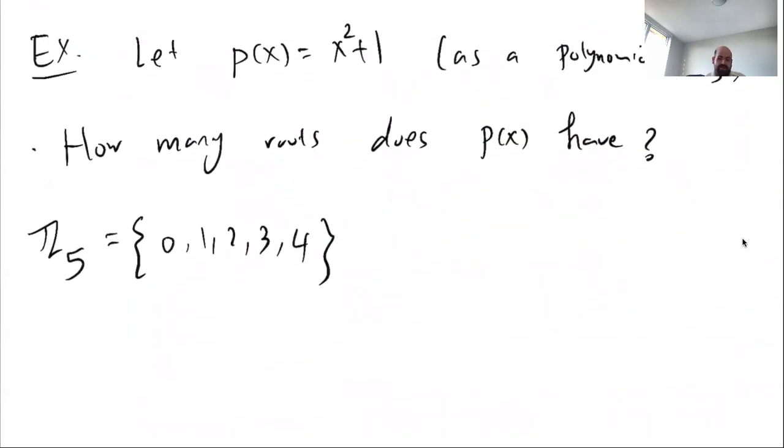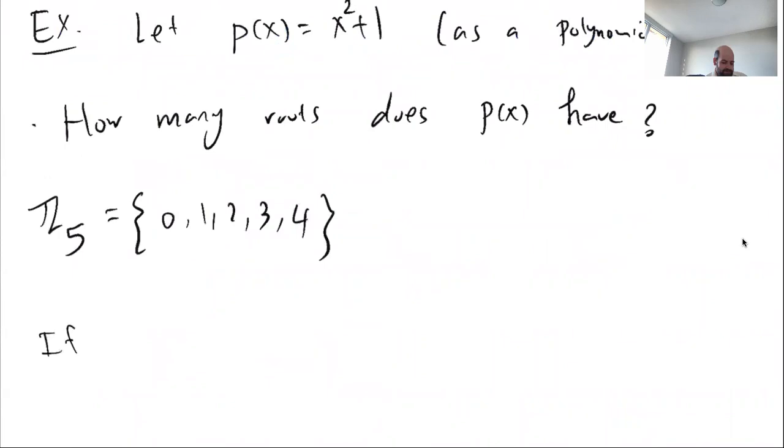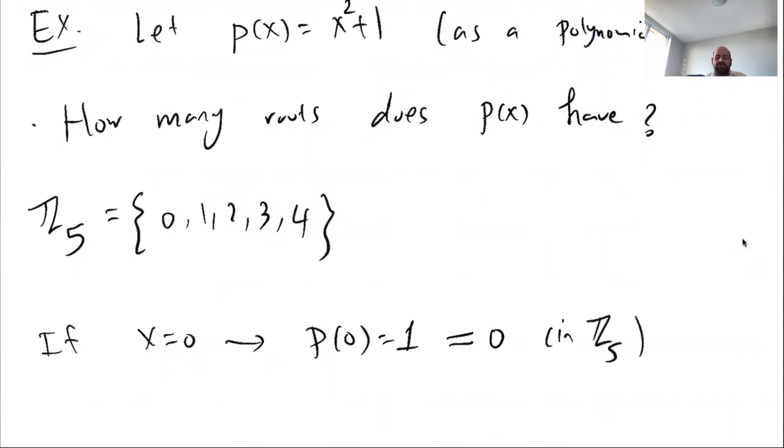So let's verify this. If x is equal to 0, p of 0 is equal to 1, and is 1 equal to 0 in Z5? Equality in Z5 means congruence. Is 1 congruent 0 mod 5? Does 5 divide 1 minus 0? No, 5 does not divide 1 minus 0.